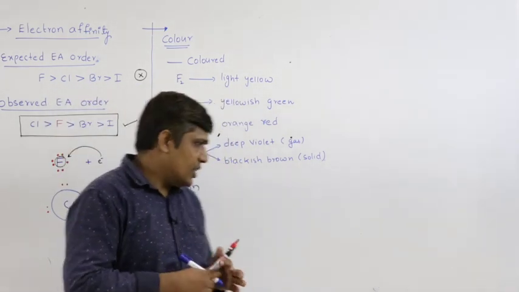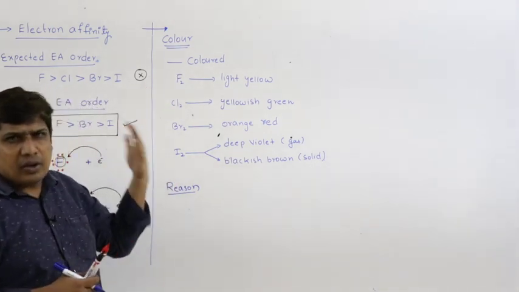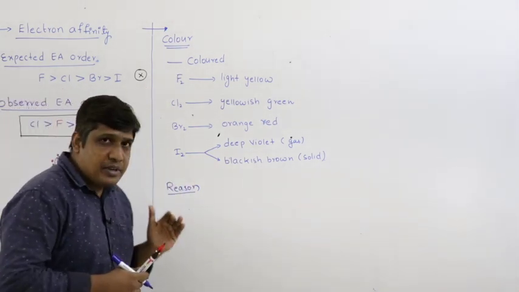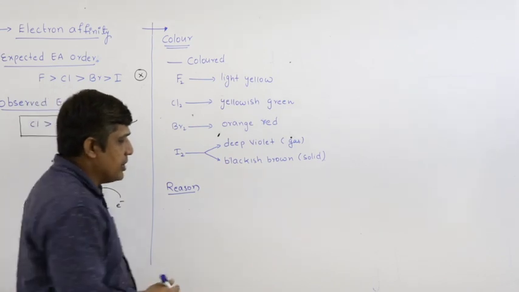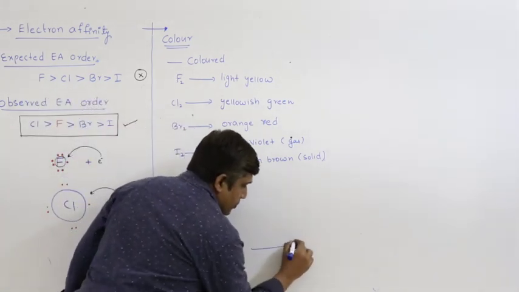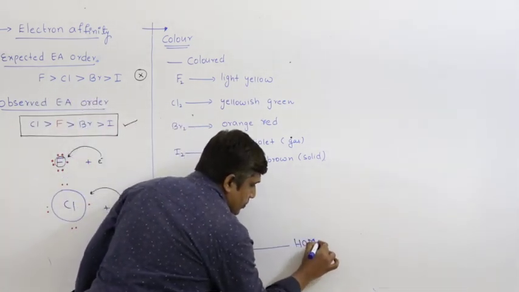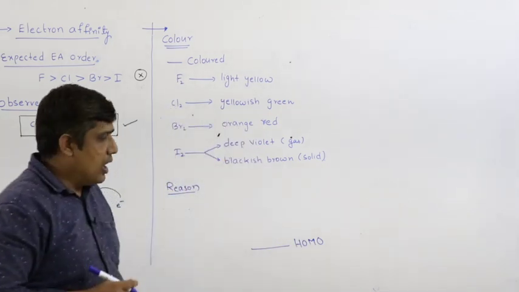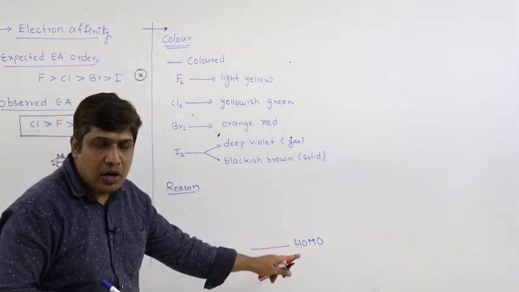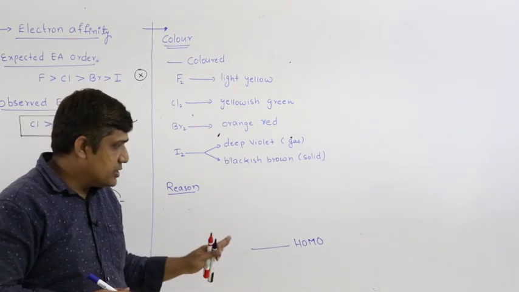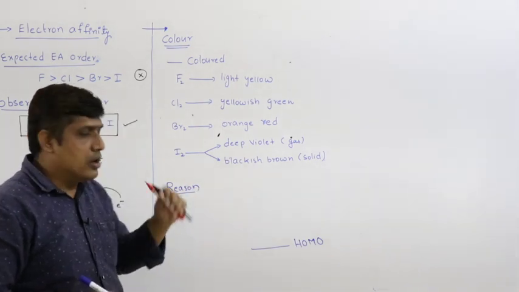Here also they are diatomic molecules like O2. Now what happens here is the electrons that are present in the HOMO, highest occupied molecular orbital.